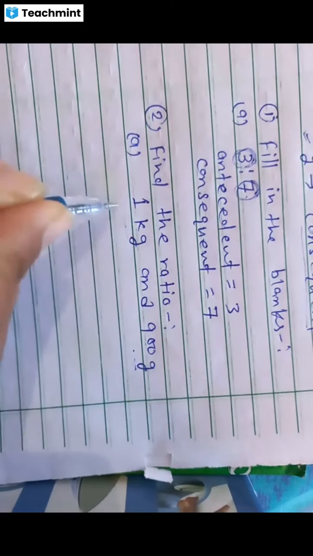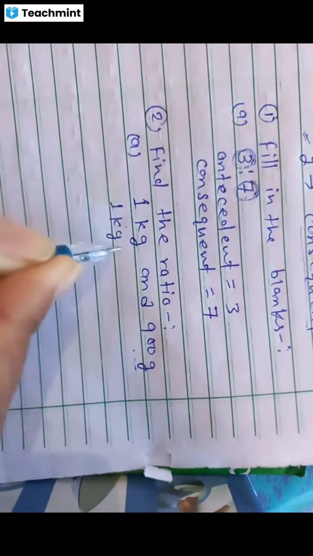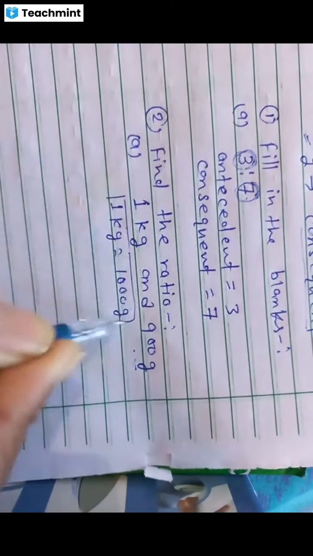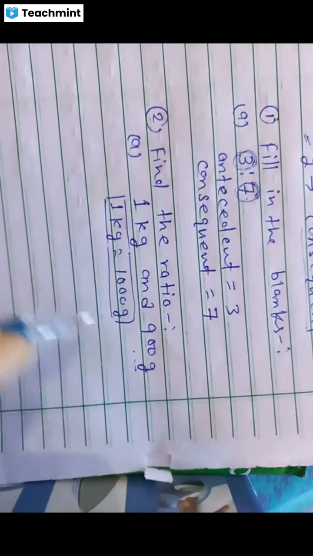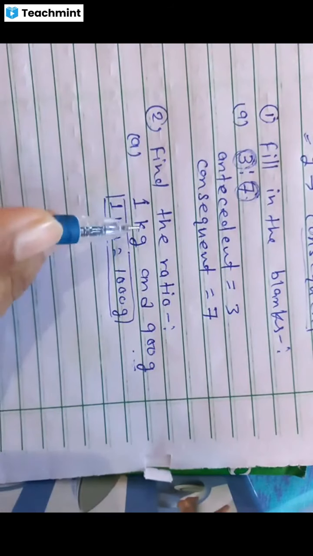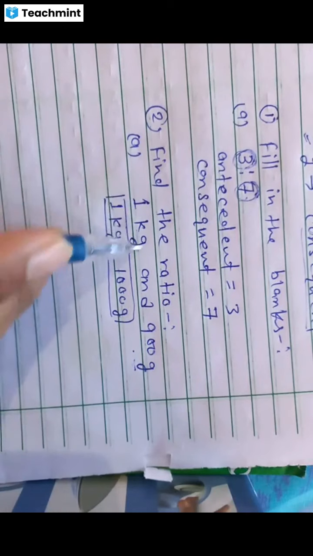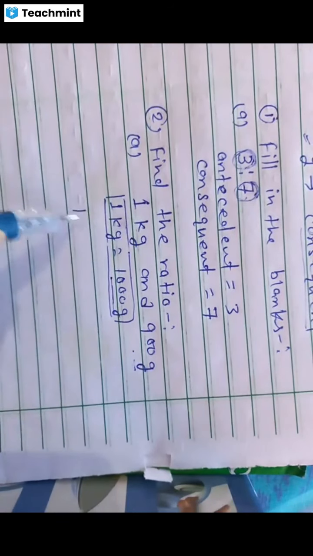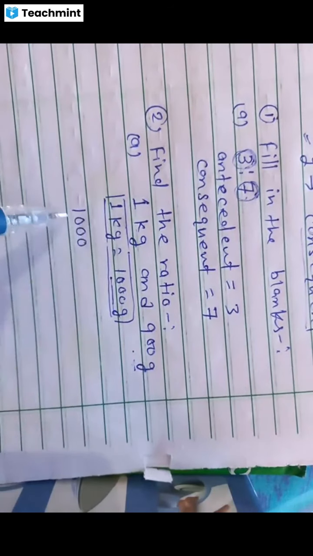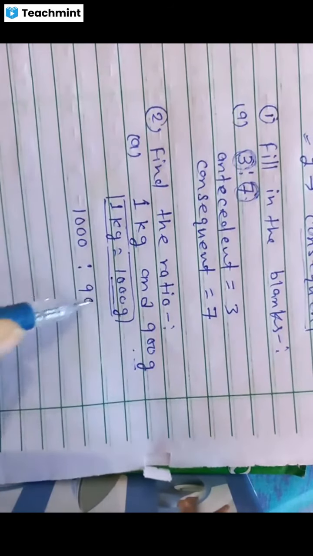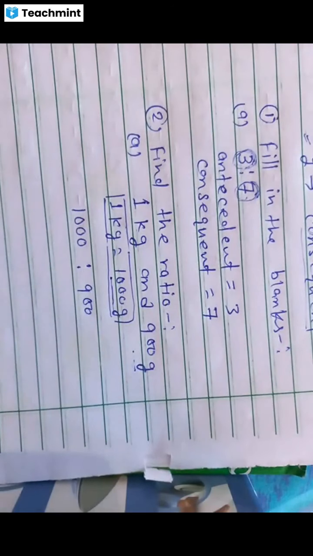Okay, you already know that 1 kg is equal to 1000 gram. Now you can write 1000 gram in the place of 1 kg. So you can write here 1000 ratio 900. Okay, so you have to write this.